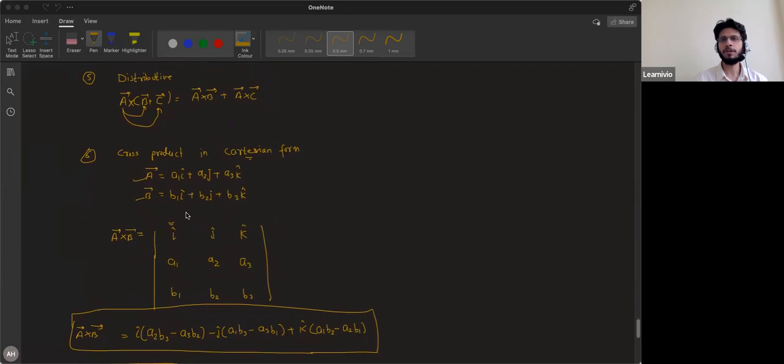Did you solve any numericals yesterday from the PYQ? Does anyone of you solve numericals from PYQ on vectors? I have solved a few, but I couldn't find many, sir.